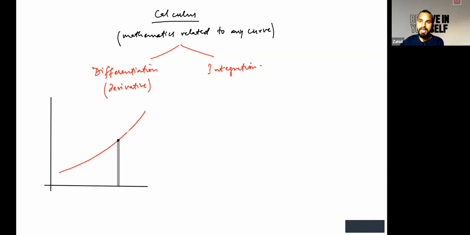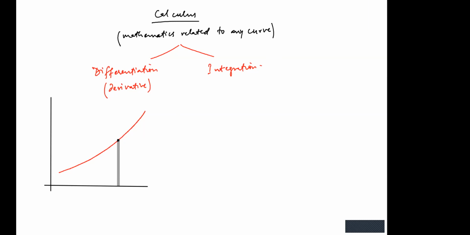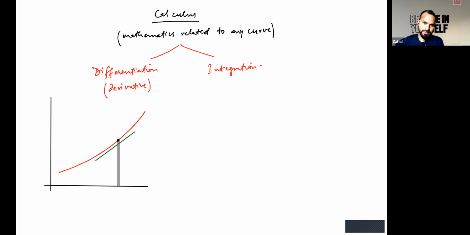Now, if you draw a line passing through this point, it will define the tangent to this curve at this given instant. On knowing the tangent, you can define rate of change, slope, maxima, minima, and many different applications of differentiation. Is it clear? Yes, sir.